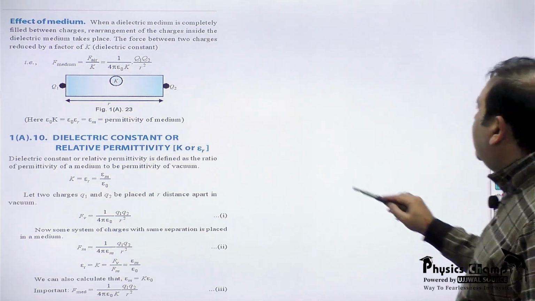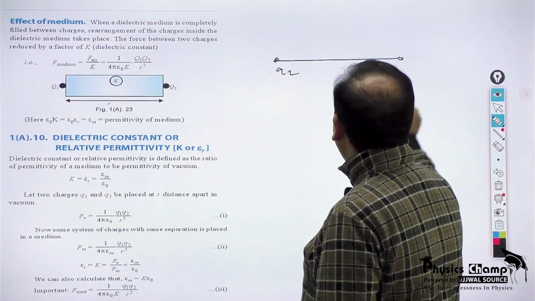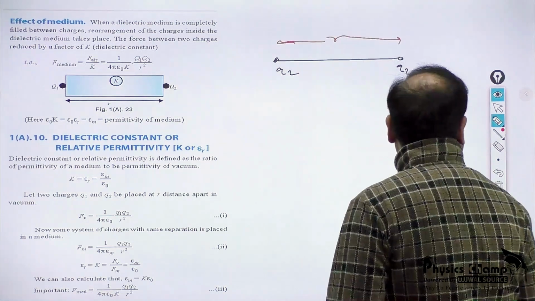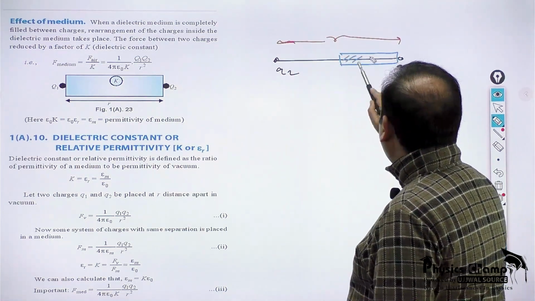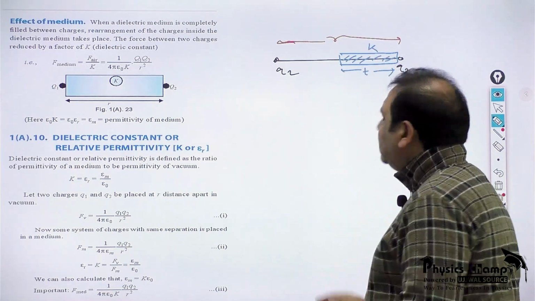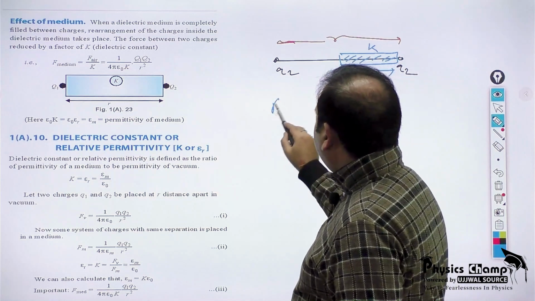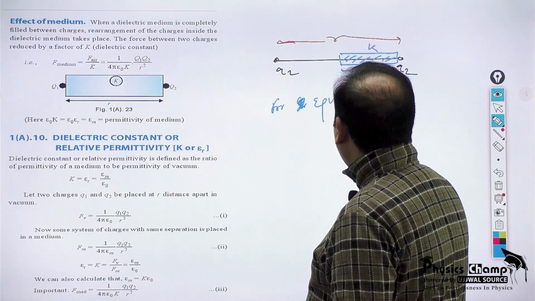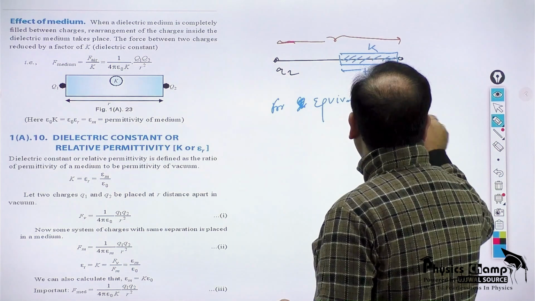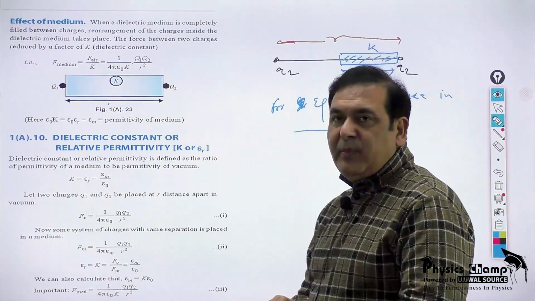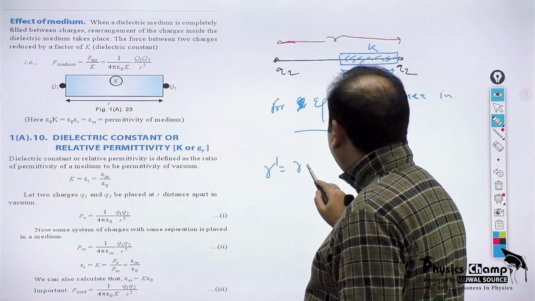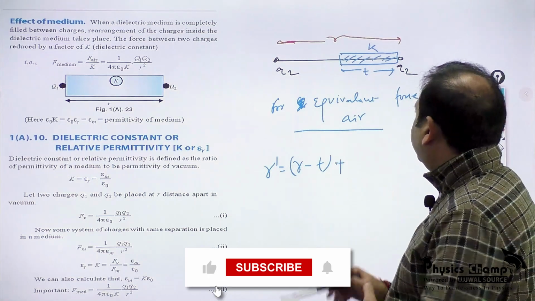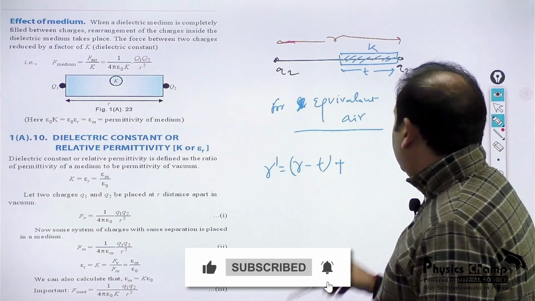If we have two charges Q1 and Q2, and although the gap between them is r, there is a thickness T which has dielectric constant K, then for equivalent force in air, the gap r dash should be r minus T, the gap which is already in air, plus the gap with medium, T into root K.